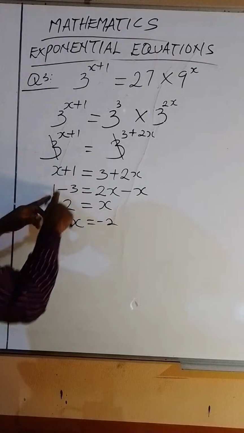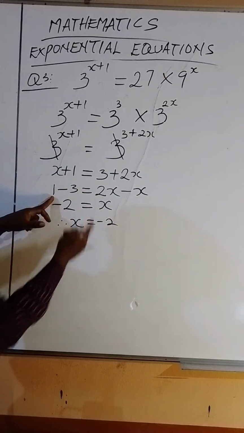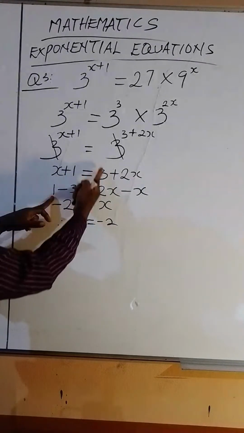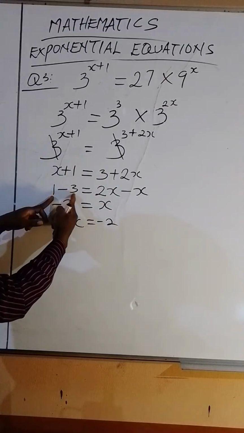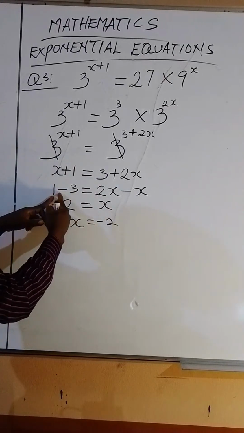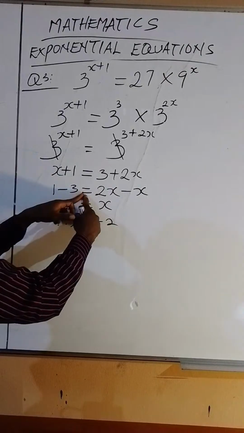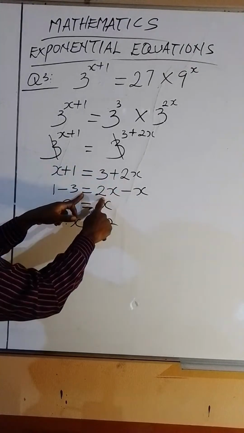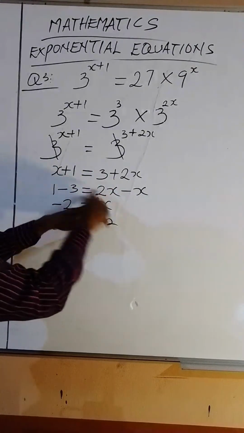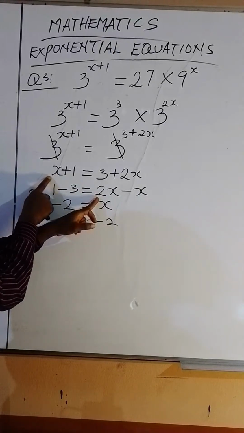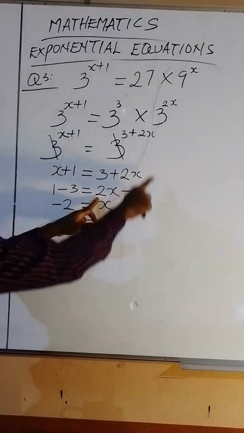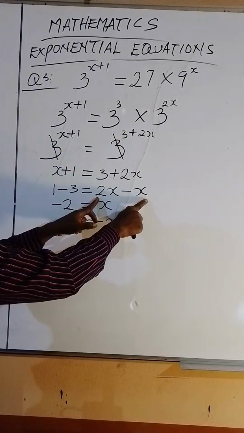Similar terms should be brought together. So since we already have plus 1 here, this is plus 3. Cross it to the left-hand side, it becomes minus 3, and this is equals to 2x. Then this is plus x. When it is crossing, it changes to minus x.